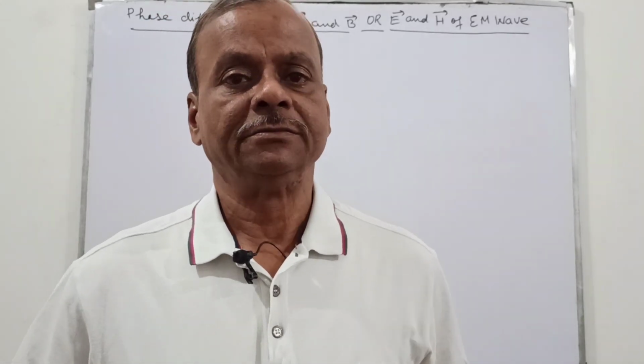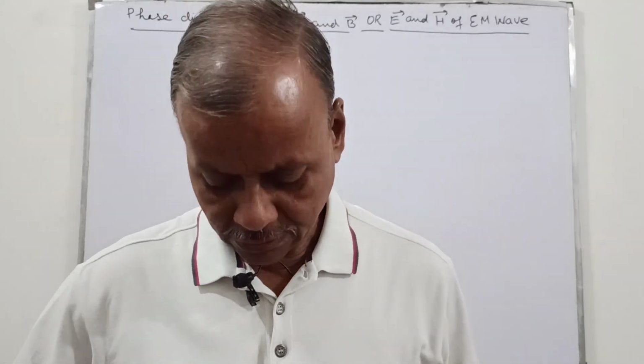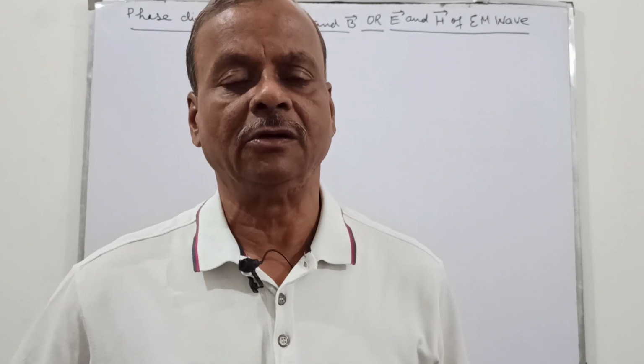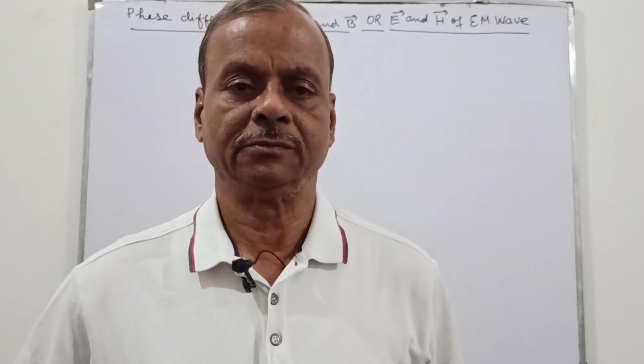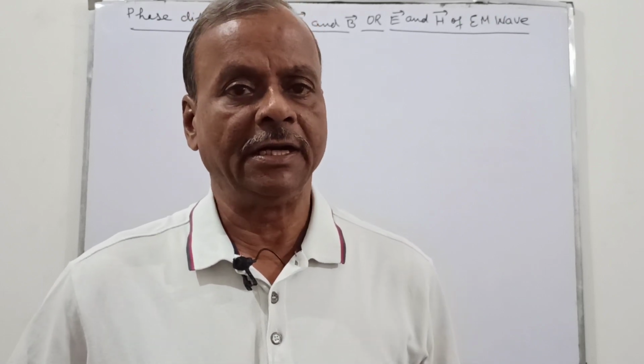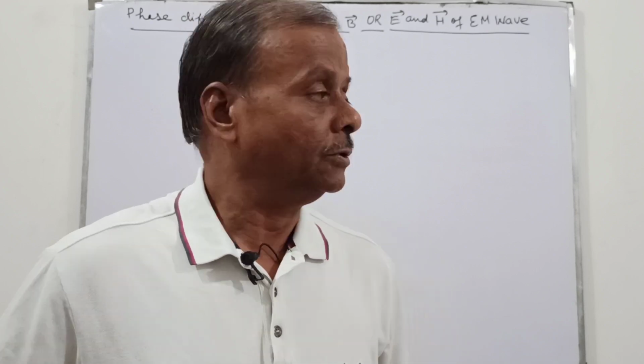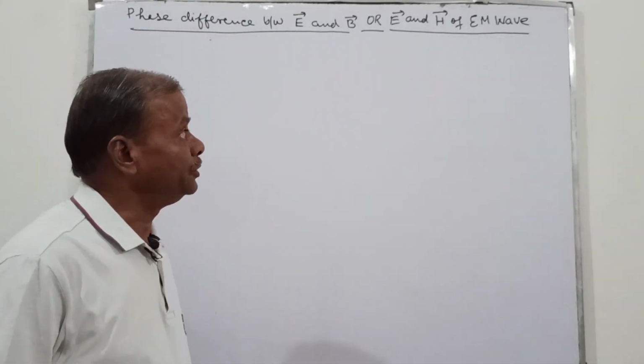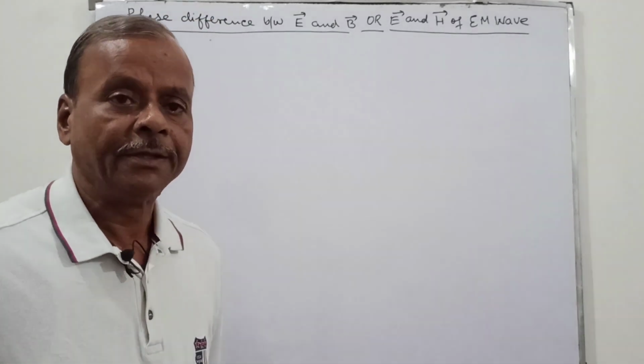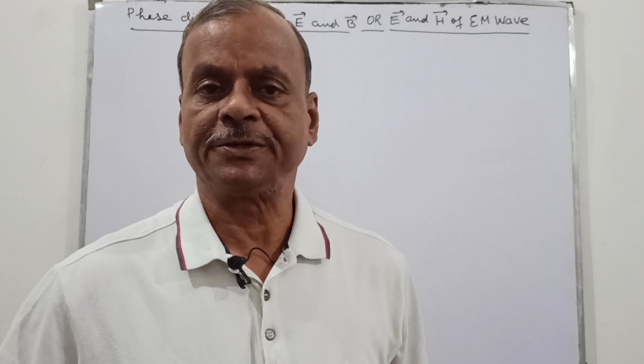Phase difference between E and B, or E and H, of the electromagnetic wave, the electric field and the magnetic field, or the electric field and the magnetizing field. We know that the EM wave is a transverse wave.